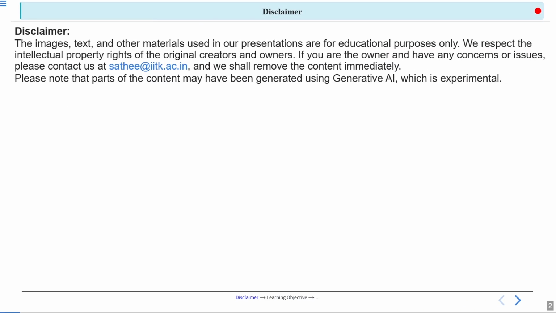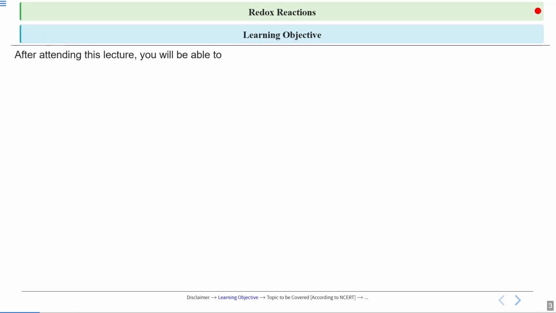So here you can see the disclaimer that is displayed over your screen. Learning objective, that means what you will be able to understand after completion of this particular lecture.